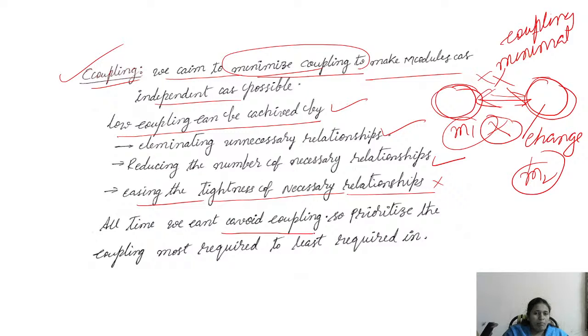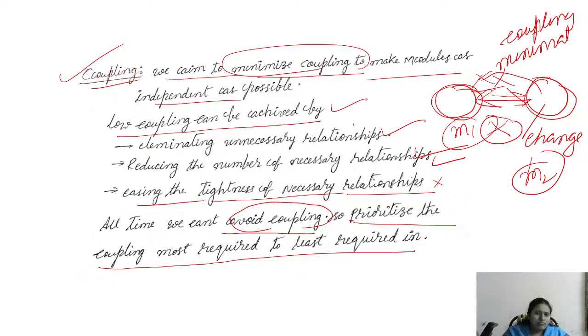We can't avoid coupling all the time. Sometimes there is a compulsory need to relate with another module. In that case we cannot avoid it, but whenever there is a possibility, reduce the necessary relationships. So prioritize coupling from most required to least required.